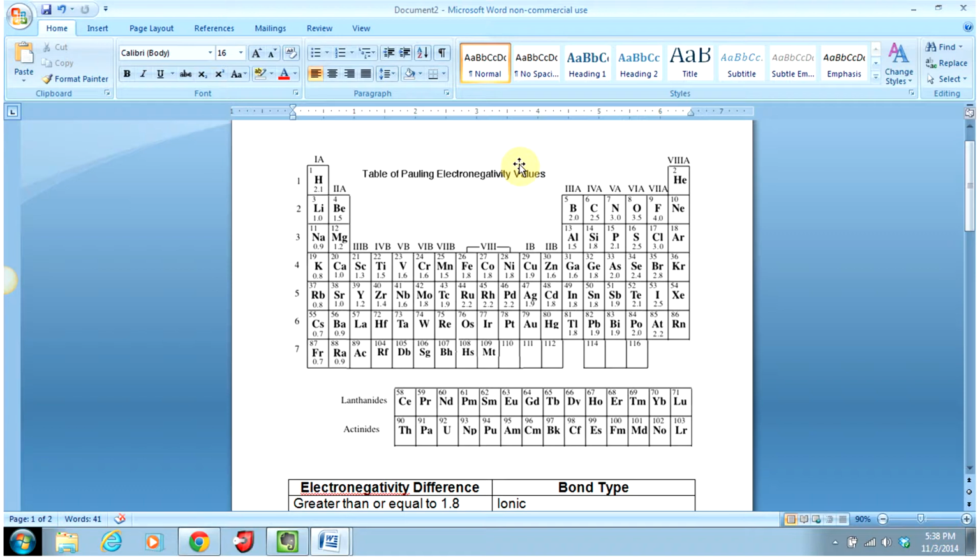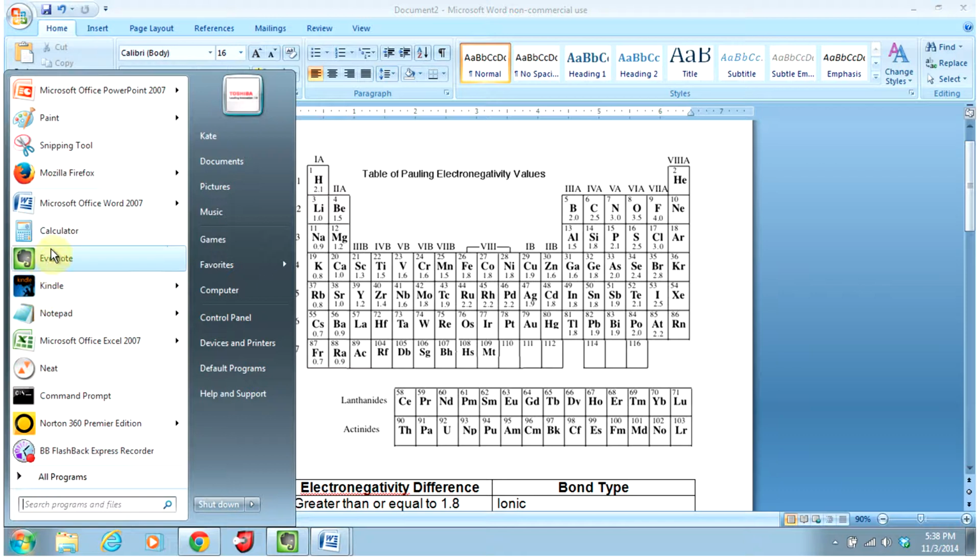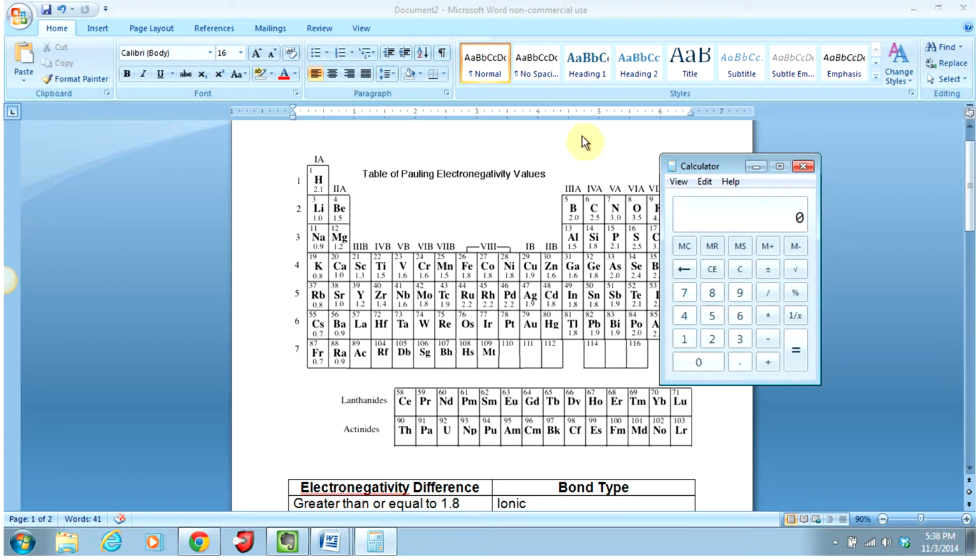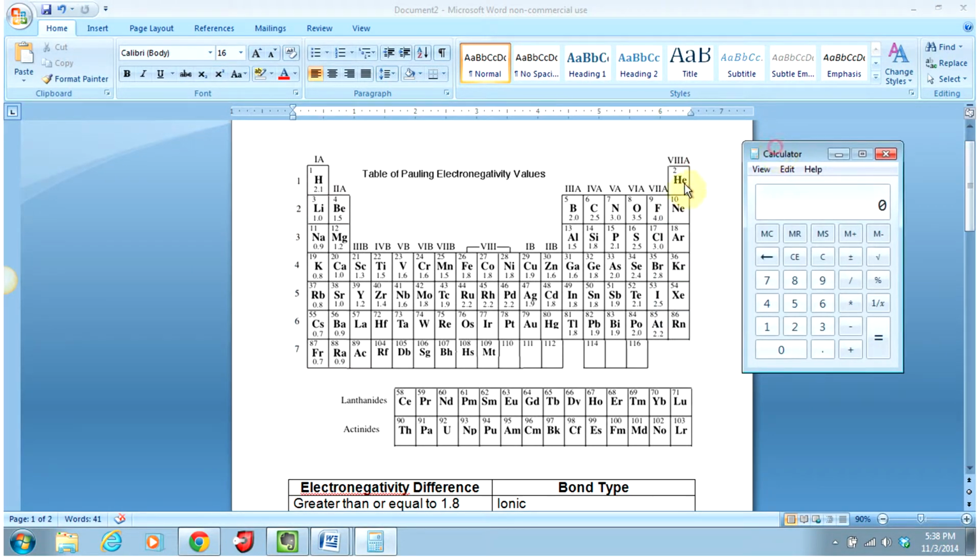So let's take a look at the carbon-nitrogen bond. It appears that carbon right here has an electronegativity value of 2.5, and nitrogen has an electronegativity value of 3.0. So if I wanted to find the difference between those electronegativity values, I'm going to take the larger one, nitrogen, which is 3.0, minus carbon's electronegativity value, which is 2.5.